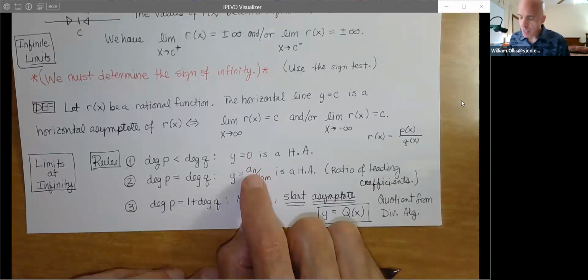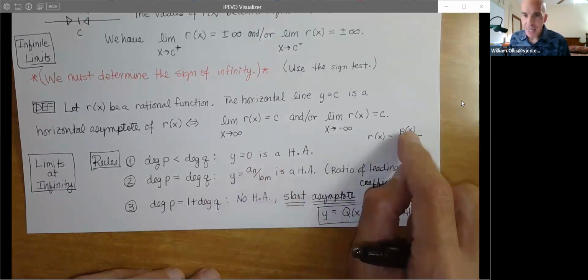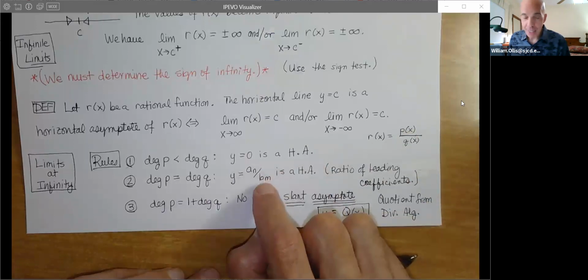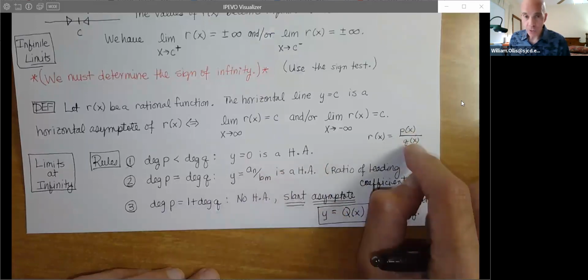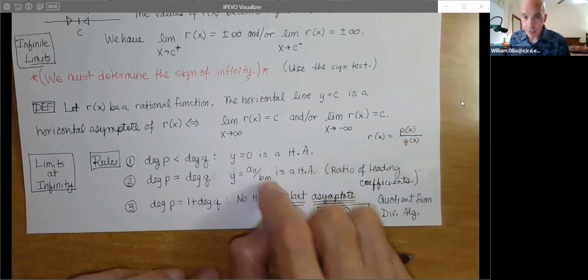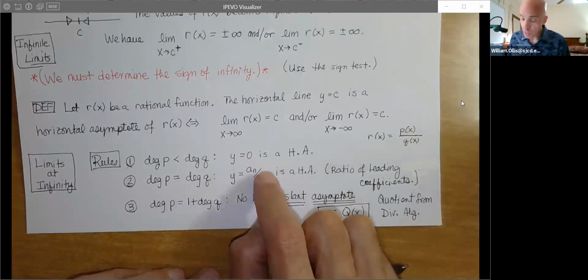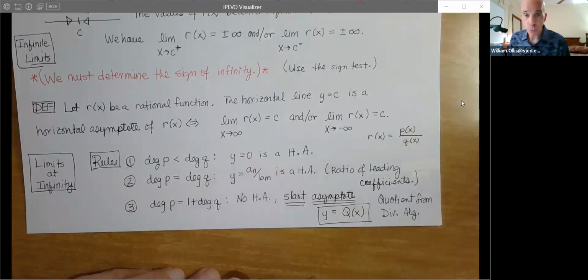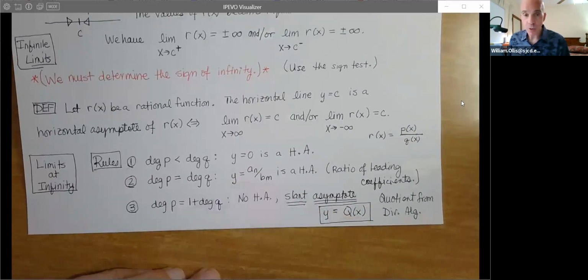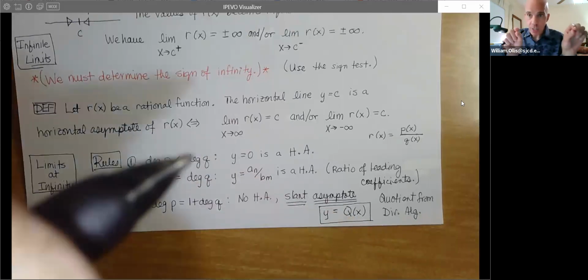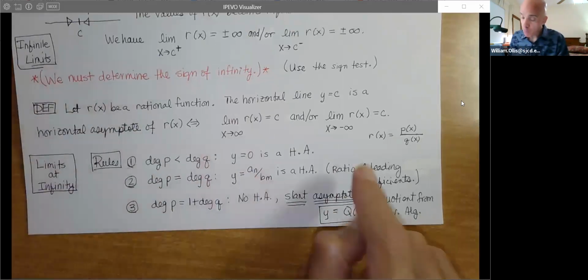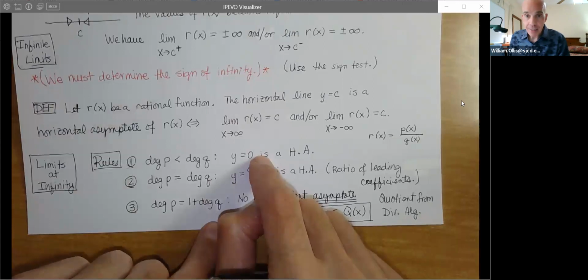So what I've done here, I've used A's for the P coefficients, and I've used B's for the Q coefficients. So when we take the ratio of the leading coefficients, and in this case, this would mean that M and M would be equal, we get the horizontal asymptote, and we set that equal to the y. So again, we get a horizontal line that's different from the x-axis.